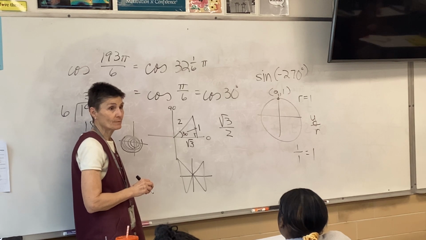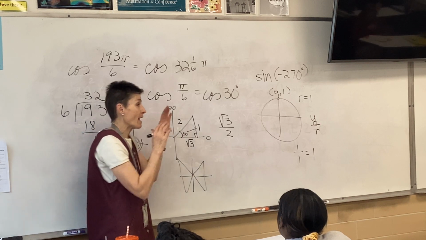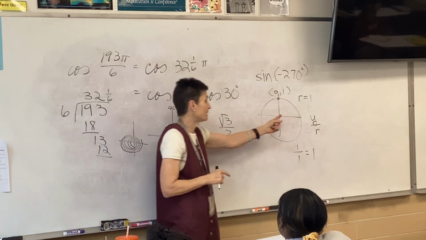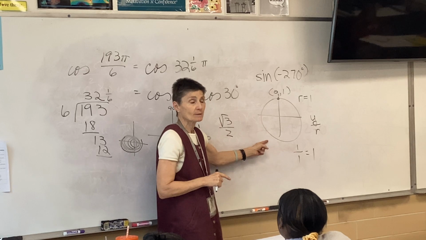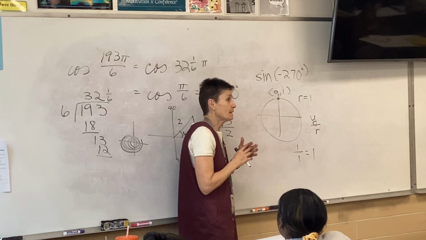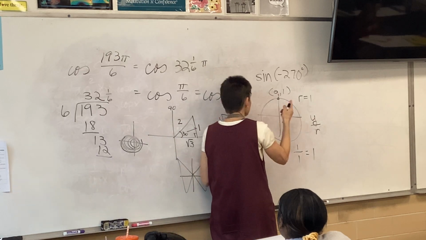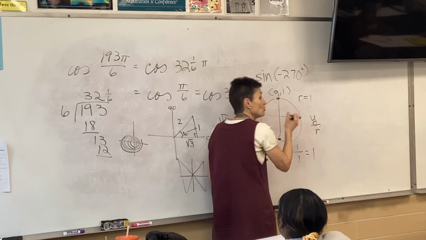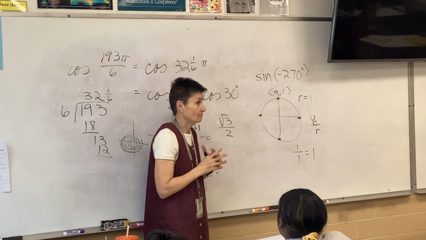Everybody okay? Okay, so in that problem we talked about some stuff that's important. First of all, negative means we go this way. Second of all, if the angle ends up being on an axis, then you must use the circle.